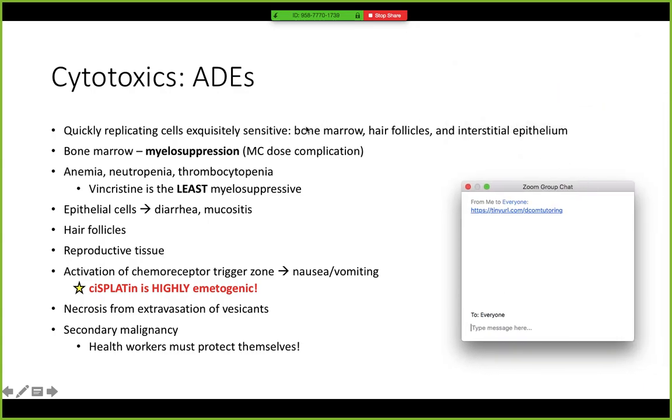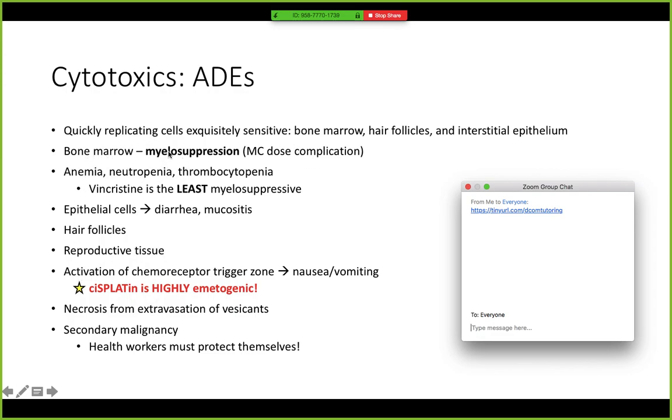Some of the adverse effects that your cytotoxics share are, again, the fact that quickly replicating cells are exquisitely sensitive, so bone marrow, hair follicles, and interstitial epithelium. And that makes sense when you talk about some of these effects.